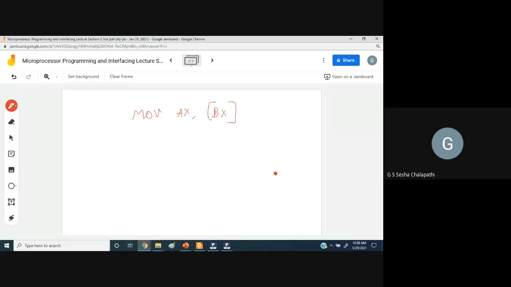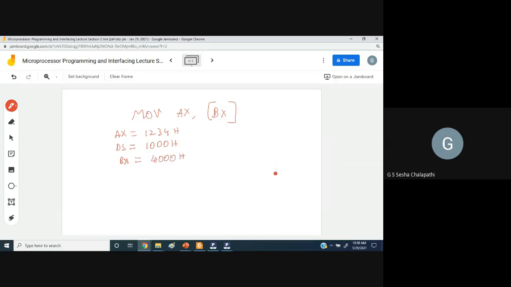Now again, let us take some values. Let us say AX previous value is 1234h, the value of DS is 1000h, and the value of BX is, say, 4000h.